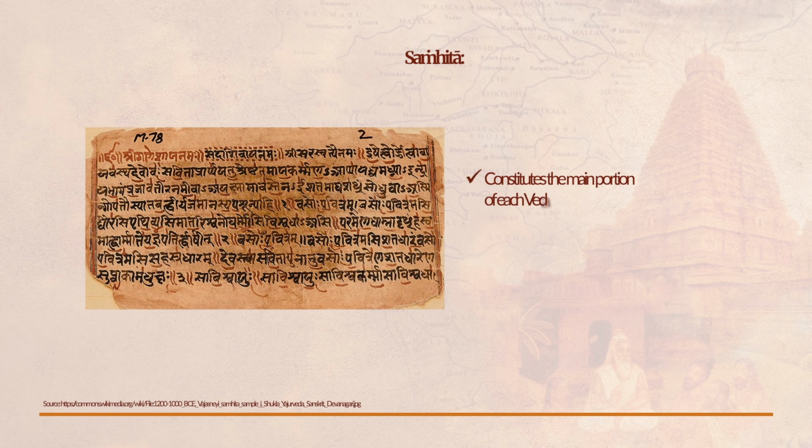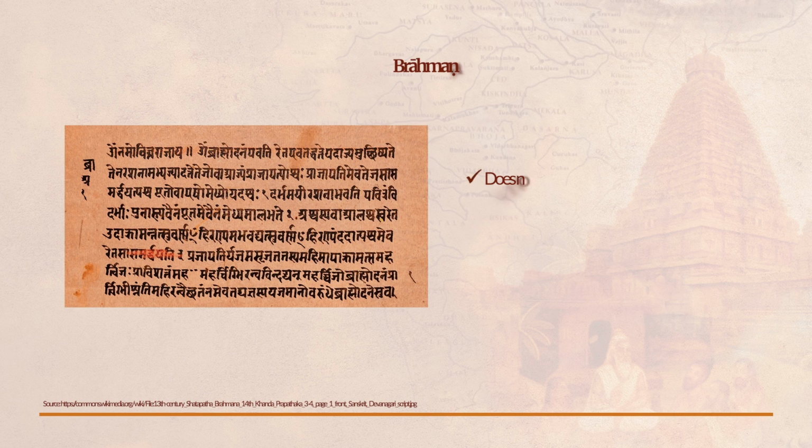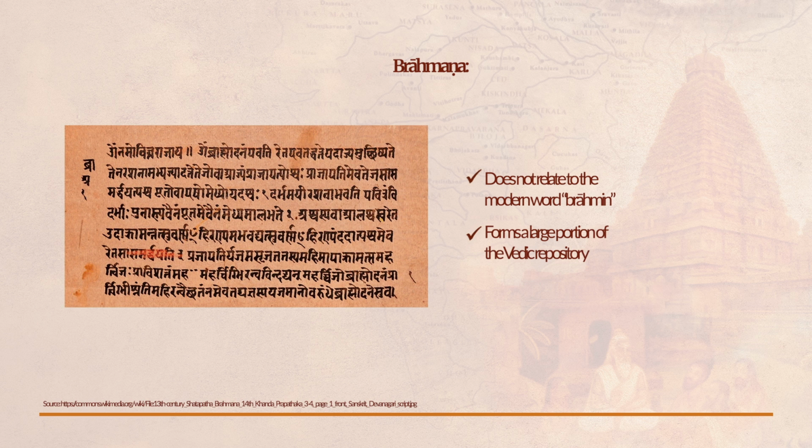Samhita, for example, constitutes the main portion of each Veda, and it consists of a certain number of mantras presented in a metrical form. Then you have Brahmanas, and Brahmana does not relate to the modern word Brahmin or Brahmana. It's not that. This is a very technical word here. It forms a large portion of the Vedic repository.